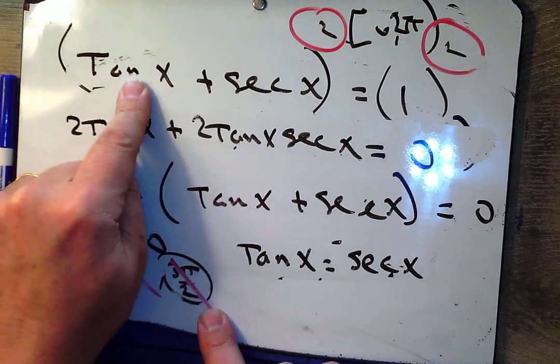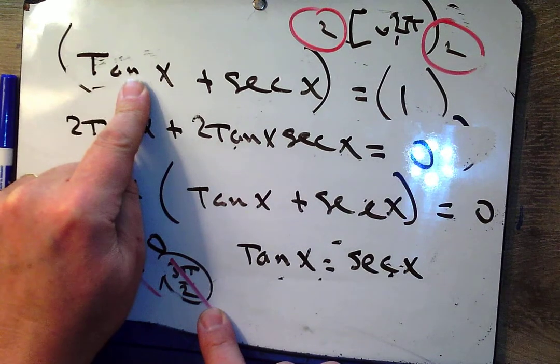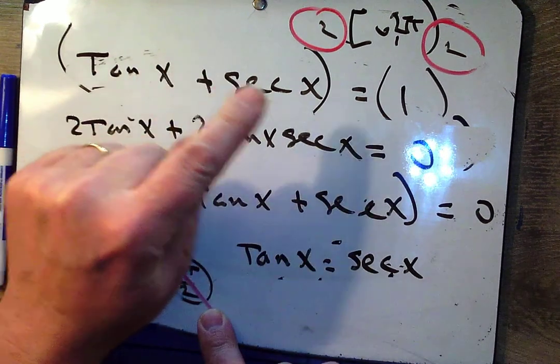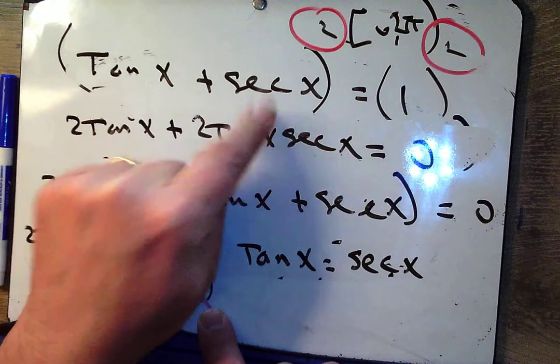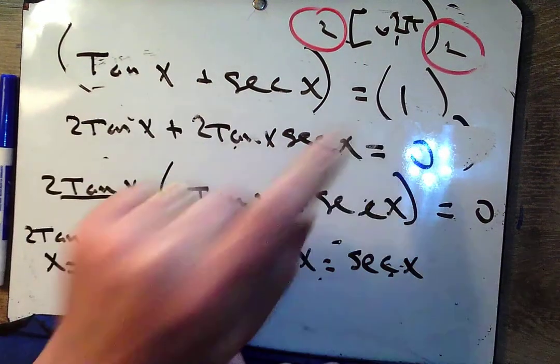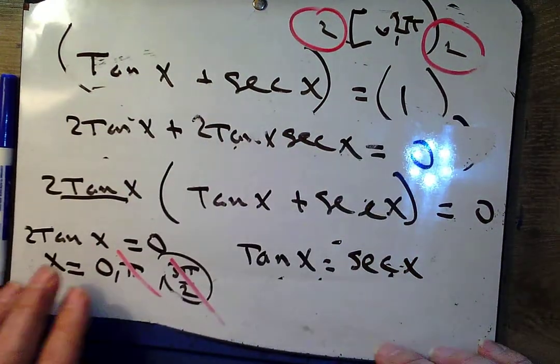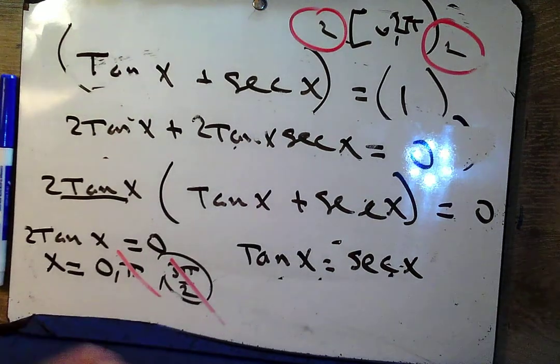Tangent is undefined at 3 pi over 2. And this is 1. But 1 plus undefined does not equal 1. So, yeah, only one solution. Must check. Who would have thought? Yeah, must check. Okay, it's not as big a deal as you're worried about, so don't stress too much about it. All right, how about the last problem today?